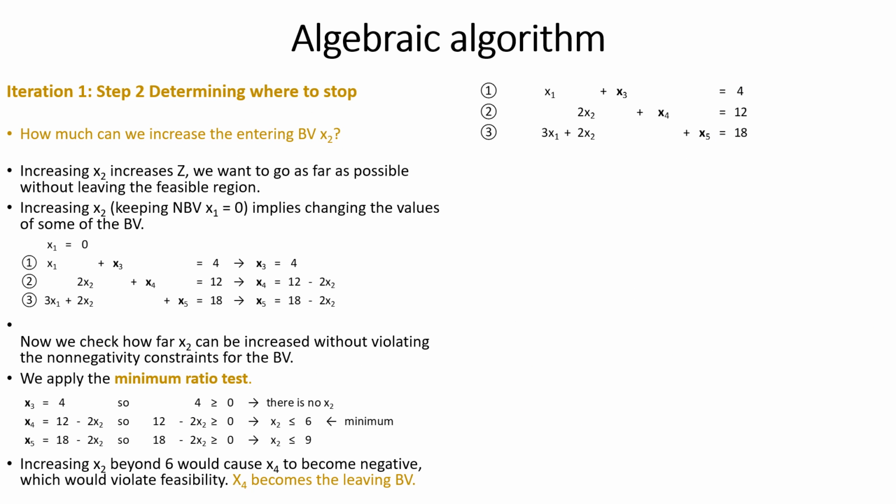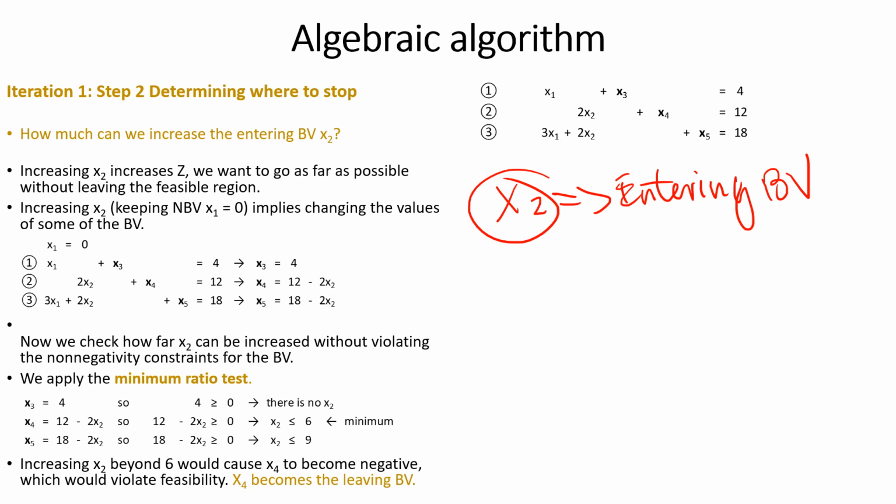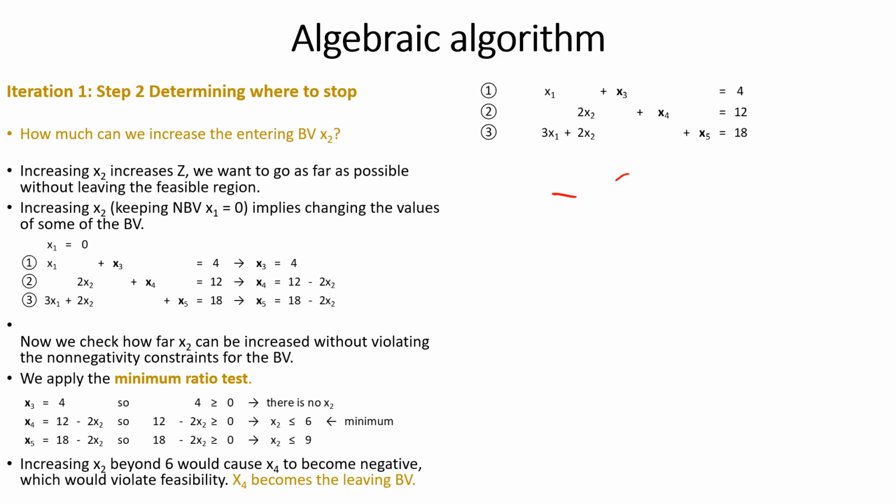Iteration 1, step 2, determine where to stop. At this point, we know that x2 is my entering basic variable, and we want to know how far x2 can go. So we have to do some math in order to determine this, and what we're going to apply is what we call the minimum ratio test.